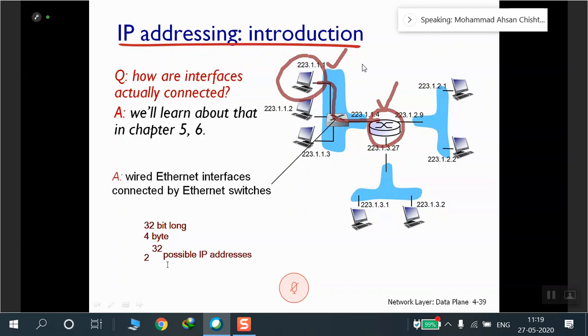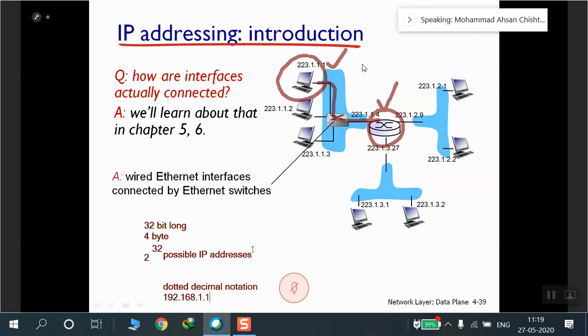And how is it written? It is written in dotted decimal notation. What do I mean by dotted decimal notation? 192.168.1.1. This is what I mean.